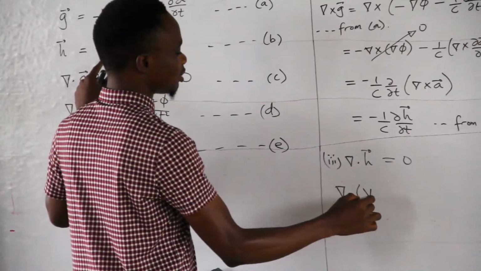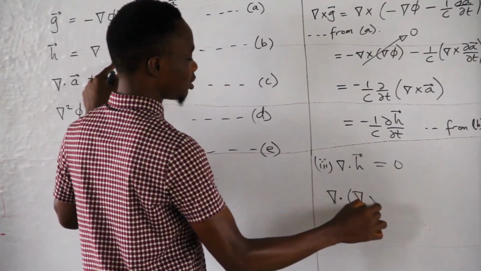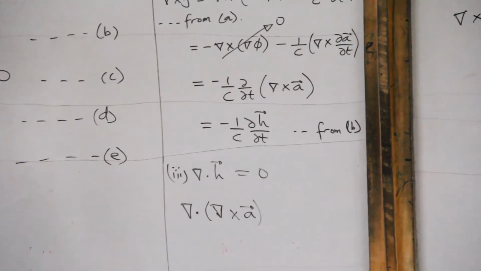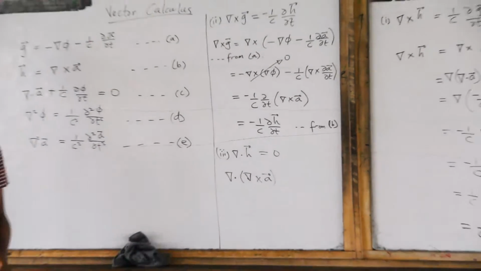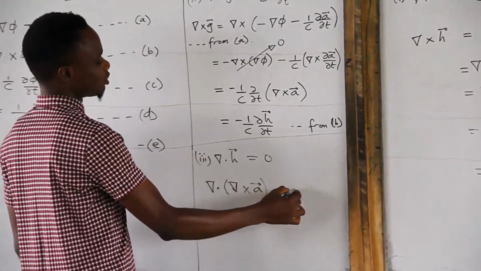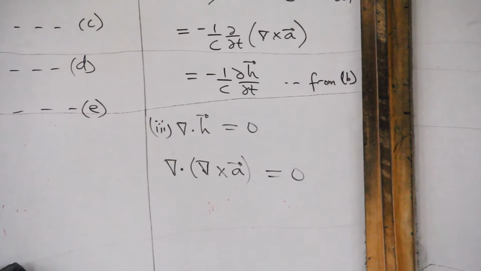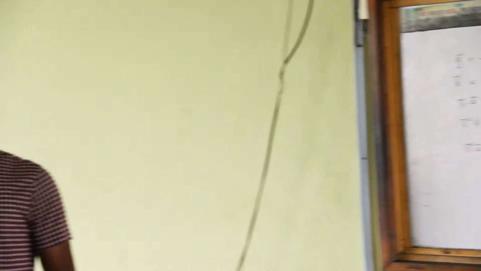H is lambda cross A. Divergence of rotor is 0. You understand that? Divergence of rotor is 0. Just write it down that divergence of rotor is 0. They are not proving that the divergence of rotor is 0 now. They are showing that the statement is the divergence of rotor.